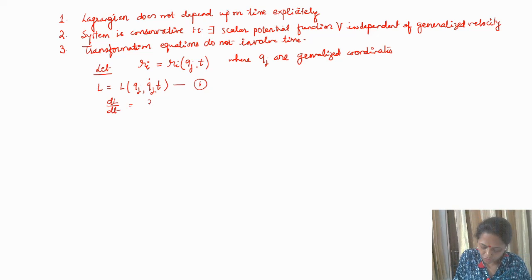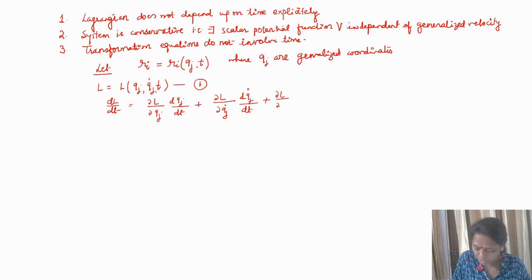Naturally, you will differentiate Lagrangian partially with respect to Qj and then Qj with respect to time, then Lagrangian with respect to Qj dot, and then Qj dot with respect to time, and partially you will differentiate Lagrangian with respect to time.